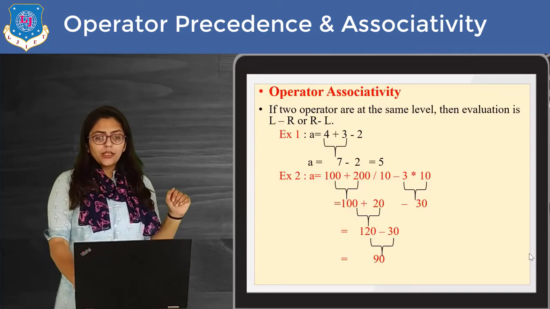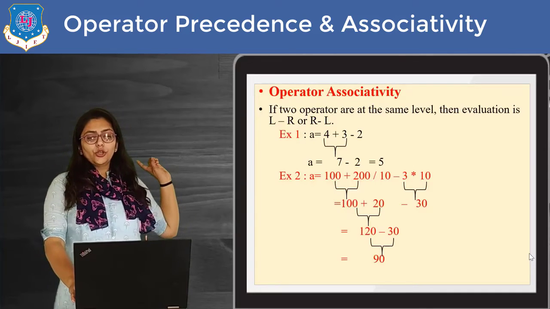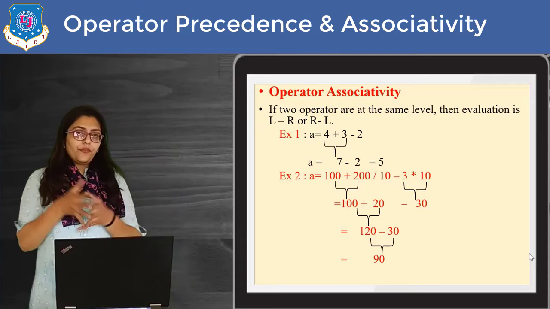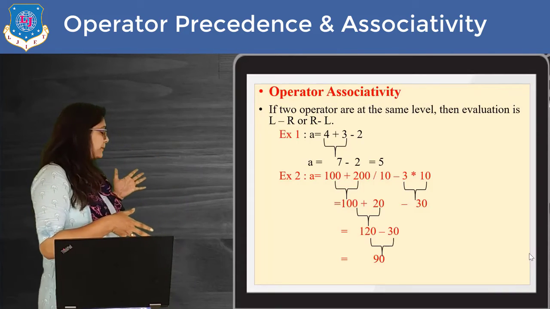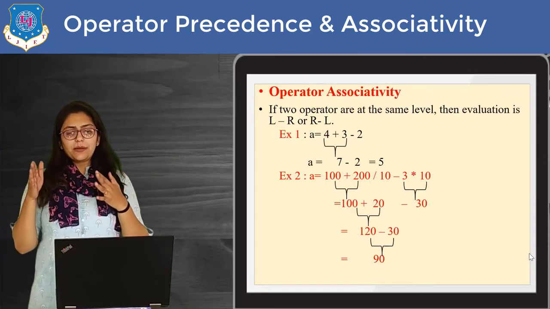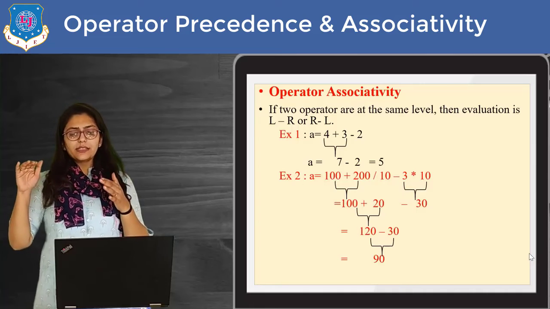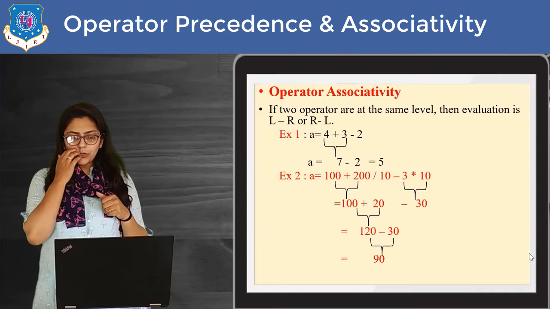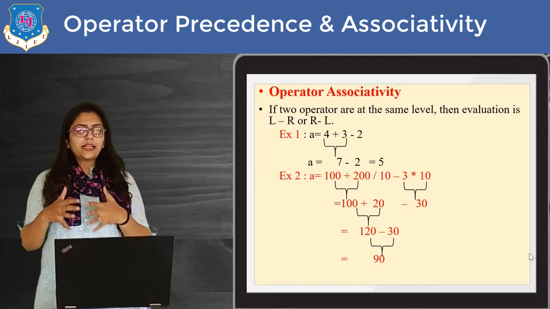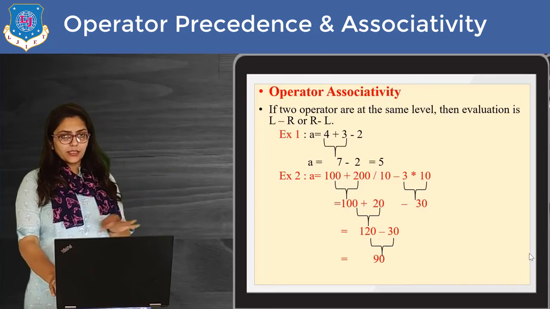Then you can see another example, 100 plus 200 divided by 10 minus 3 into 10. First division is done, so 200 divided by 10 is 20, and after that minus 30. Exactly this equation is written over here, and according to the associativity rule you will get 90 as the answer.